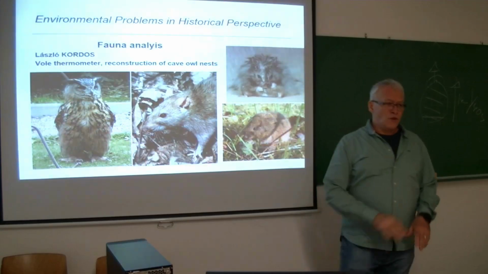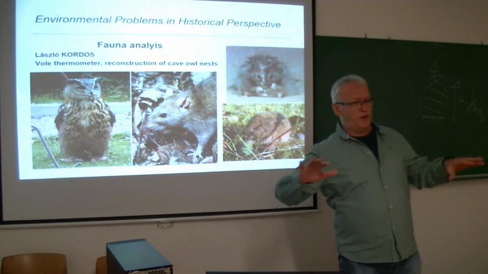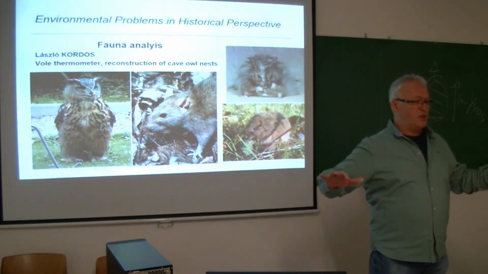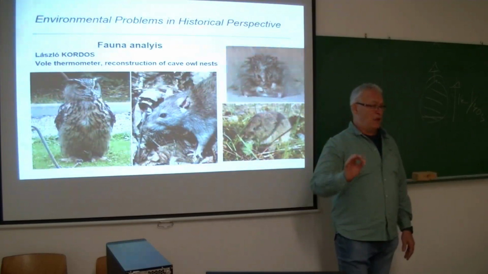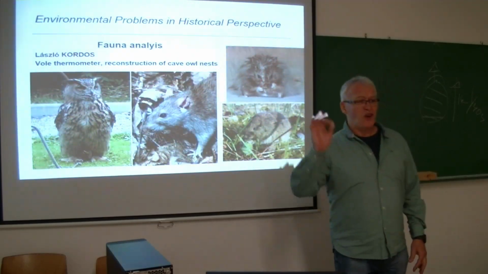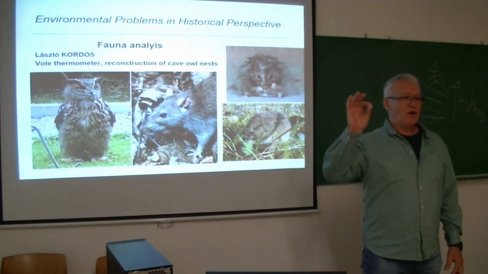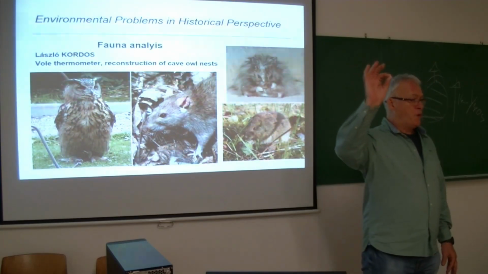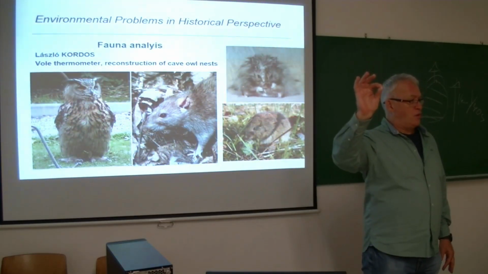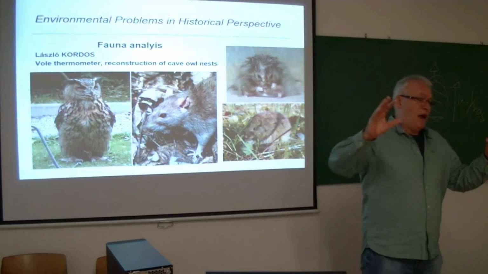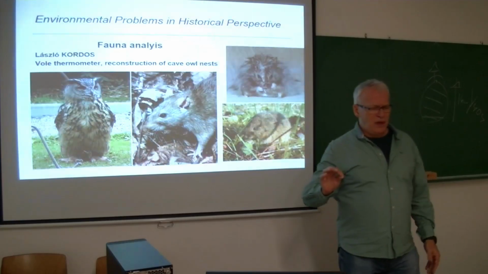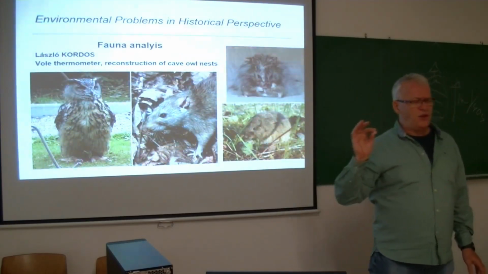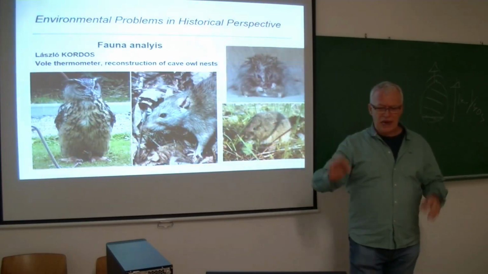There are a lot of different species of rodents, very sensitive to climate change. For each species of rodent, there is an optimal average temperature of June, or July, I am not sure, some summer month's average temperature, and this is the indicator.